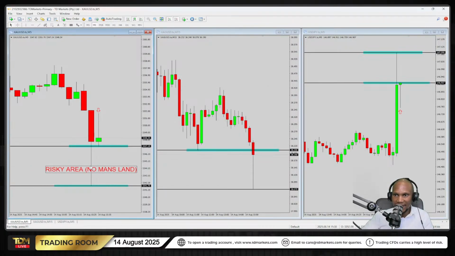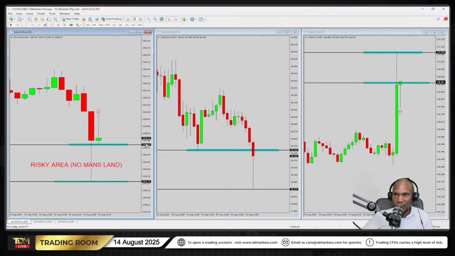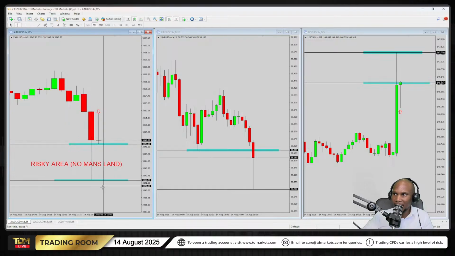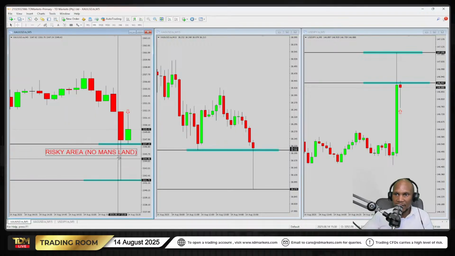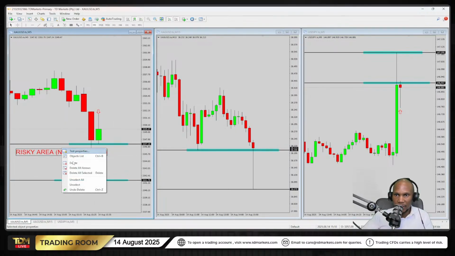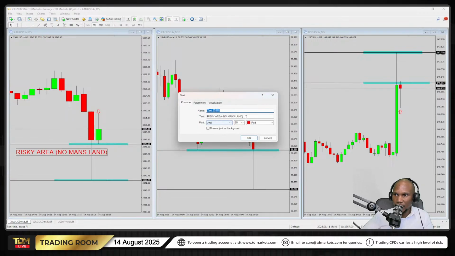That's where your wild animals are. But we're anticipating momentum to kick in once price breaks below. So this would be a risky area, right? Because anything can happen within this area. Price is going to be quite unpredictable around the zone. So let's see what's going to happen. Standing by.